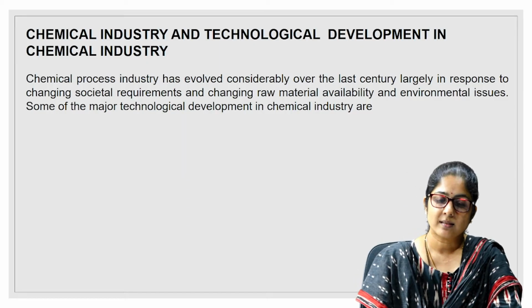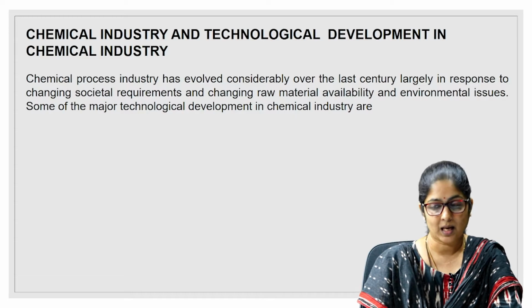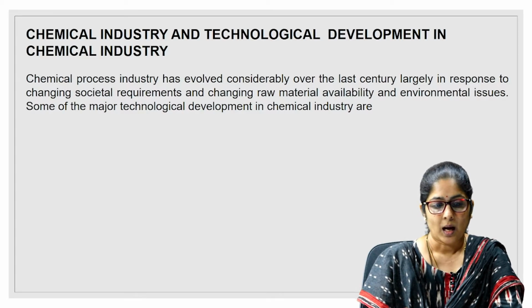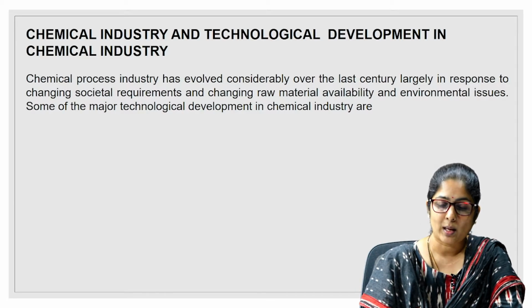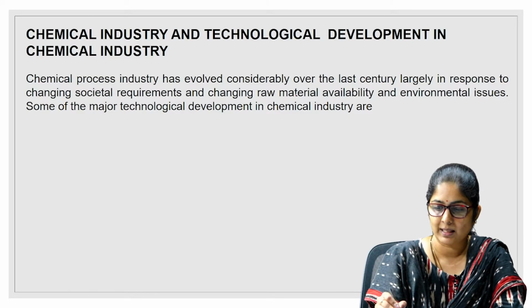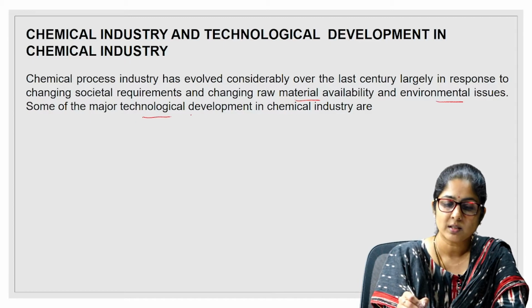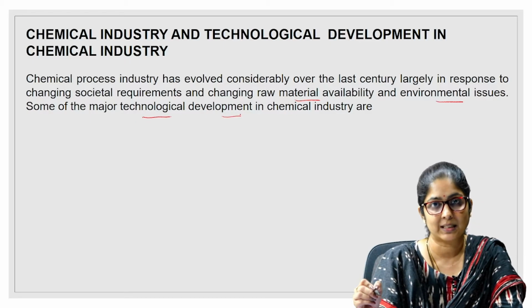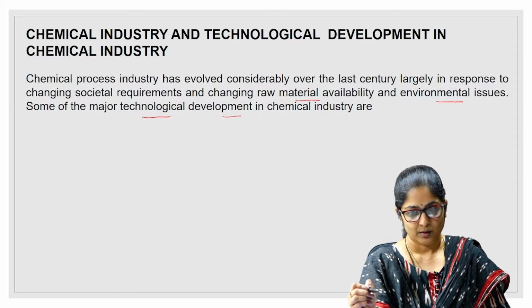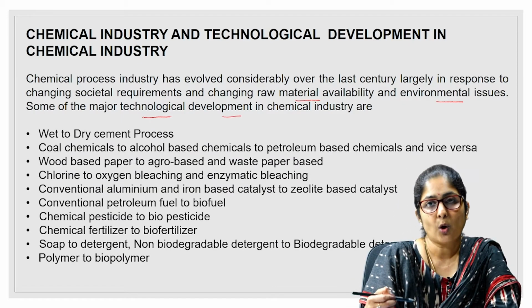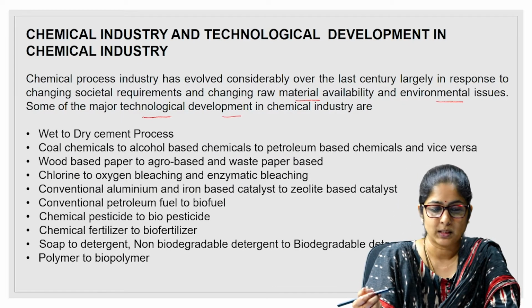Chemical industry has evolved considerably over the last century, with changing societal requirements, changing raw materials availability and environmental issues. Some of the major technological developments of the industry are listed here. We have come a long way in the last century.